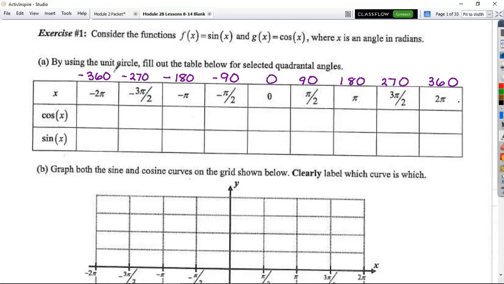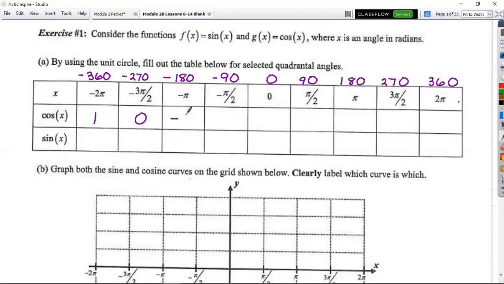So your calculator's in degrees. What I would like you guys to type in is cos of negative 360 and tell me what you get. Yep, 1. Next value, what is the cos of negative 270? 0. These are from your unit circle actually too. Cosine of negative 180 is?